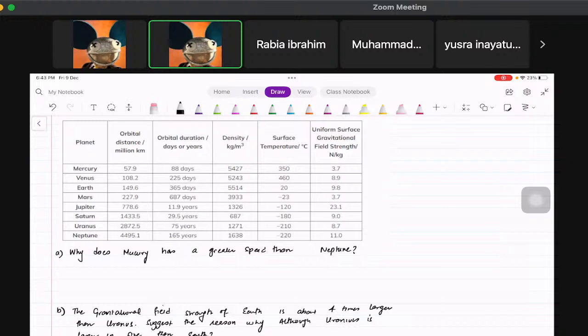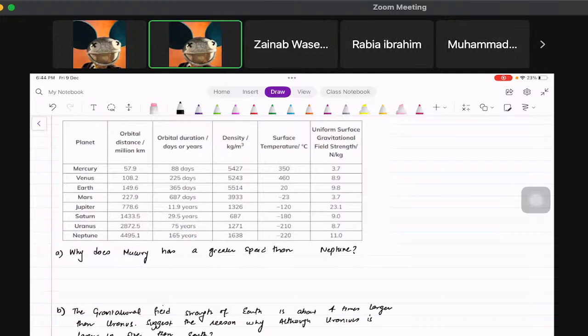All right, anybody got the answer for the first one? Rabia, Yusra, Zainab? Yes, it's closer to the Sun.